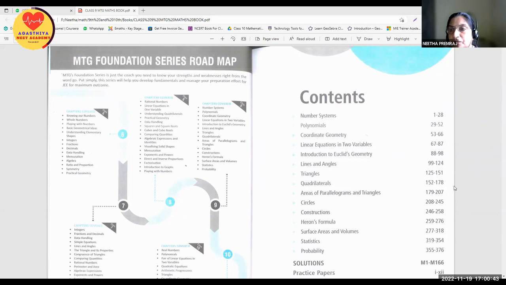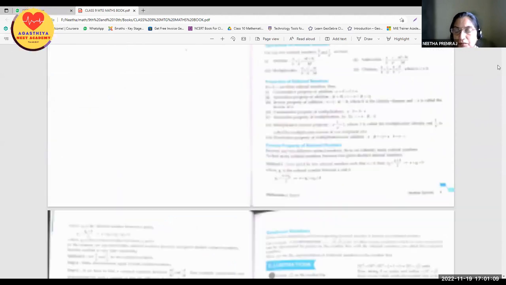Definitely. Page number 179. But here it won't be like that, I guess. That will be different.